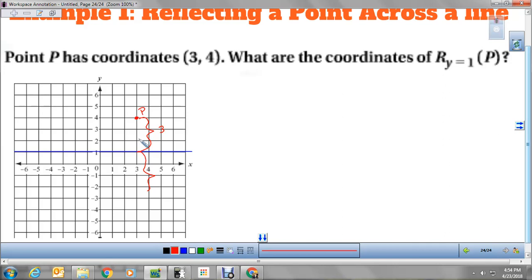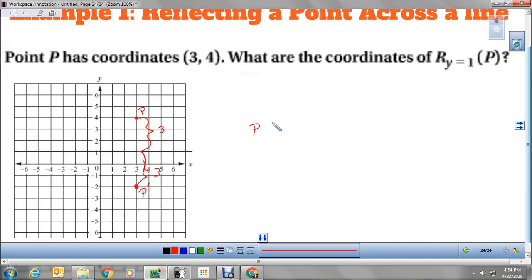So we have 1, 2, and then 3. We have 3 units here. So this is where our new point is going to be. This will be point P prime.